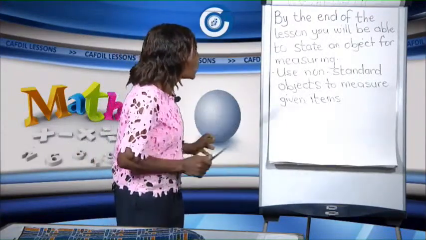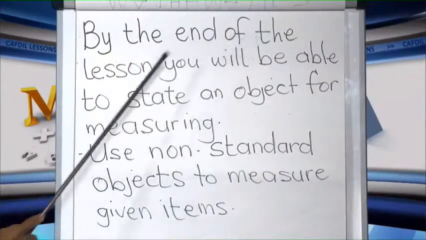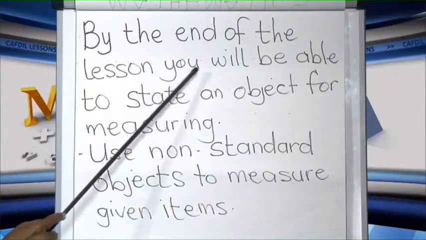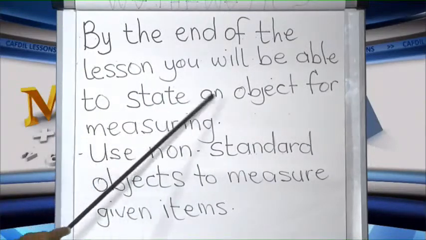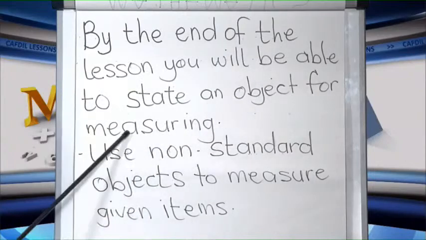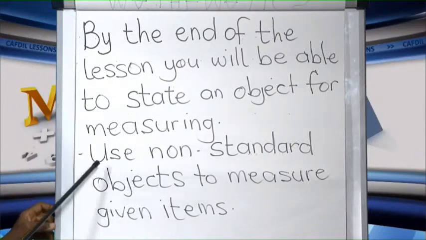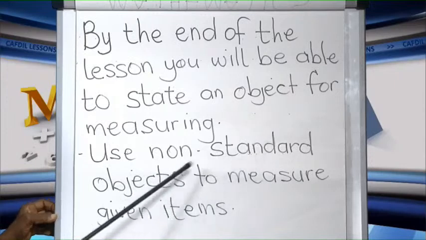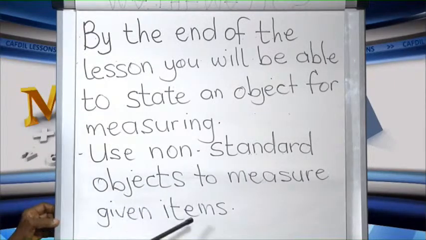Now, our objective says by the end of the lesson, you will be able to state an object for measuring. Are you okay? When we are done, we'll use non-standard objects to measure given objects.